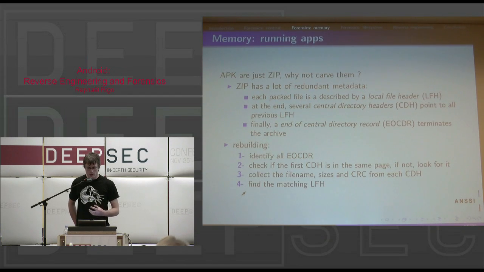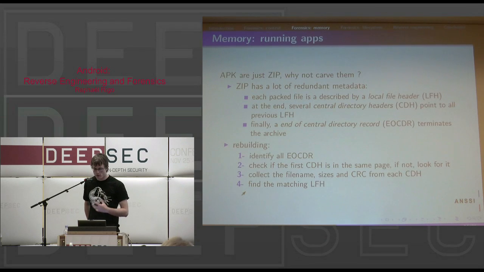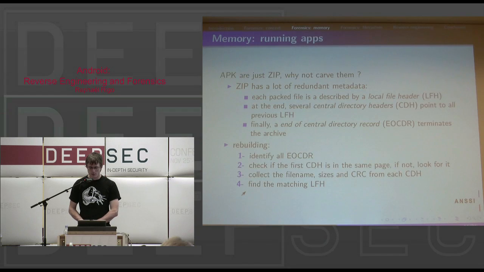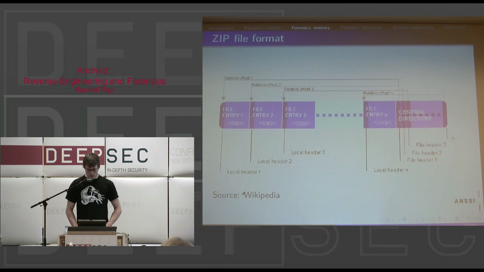Because zip is a really interesting file format. It has a lot of redundancy, which means you can leverage this redundancy to extract and recover zip files out of memory. So, as you can see here, you got an end of central directory header at the very end, and where's my pointer?